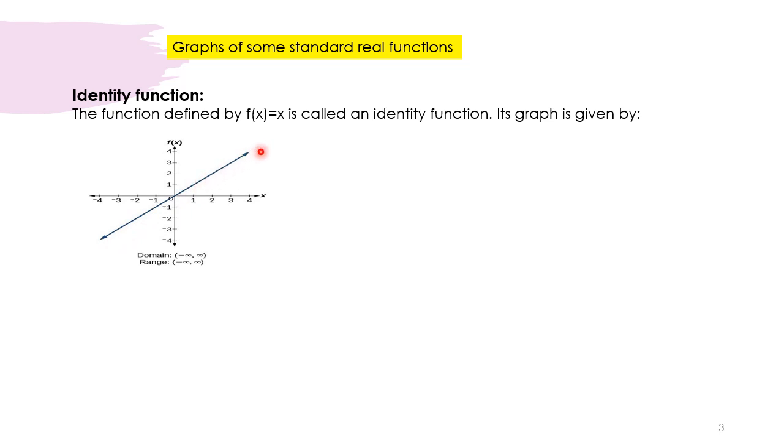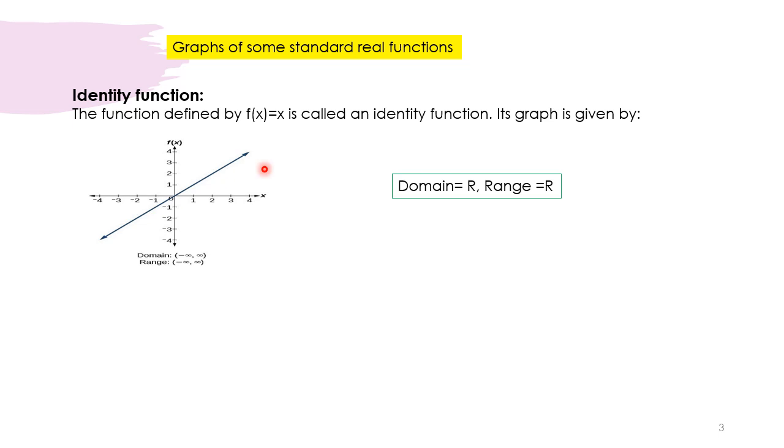You can take as many values as you can: (0,0), (1,1), (2,2), (3,3), (4,4) like this, similarly (-1,-1), (-2,-2). So it means the set of all x will be the set of real numbers. The domain is the set of real numbers, and as y = x, y is also the set of real numbers.